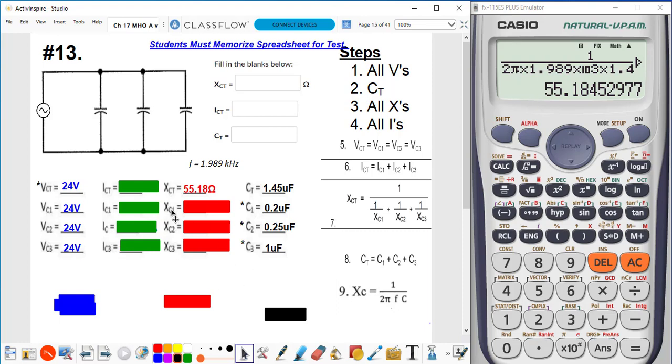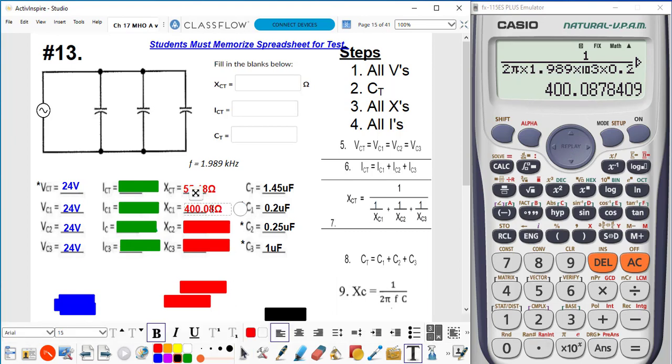Now to find XC1, I'm going to use C1. So I've got to go over here, change this value of 1.45 to 2. It equals 400 ohms, 400.0. Really should be 0.9. I don't know why I didn't round this in the past.